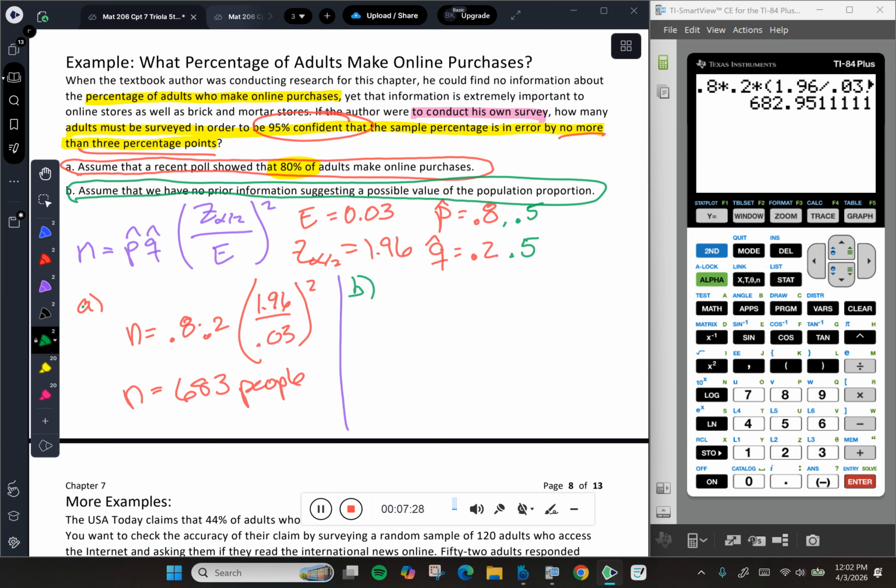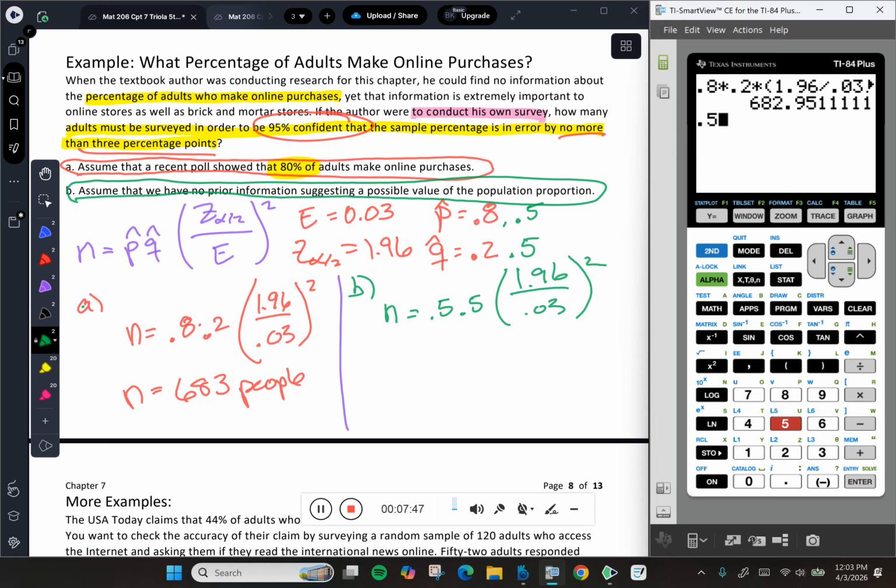Part B says you have no prior data. So you're just going with the worst case scenario, which is going to give us the largest sample that we could possibly need. 0.5 times 0.5 times 1.96 divided by 0.03 squared.